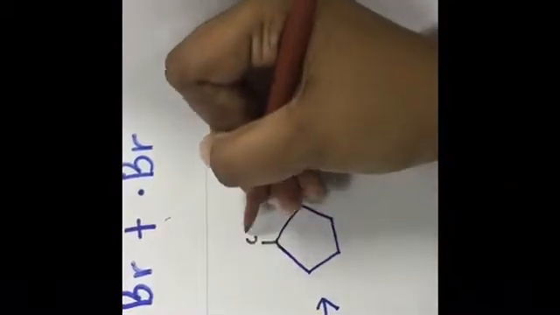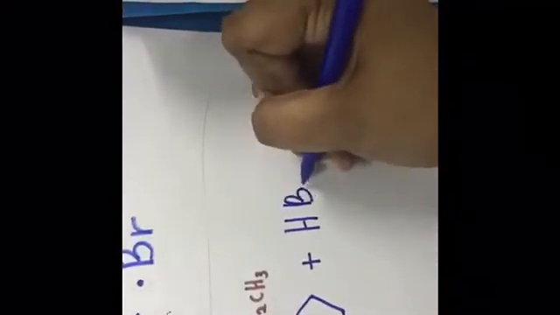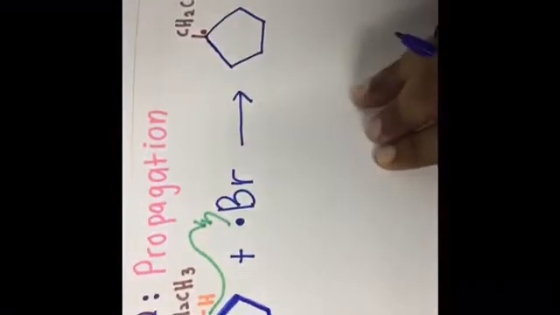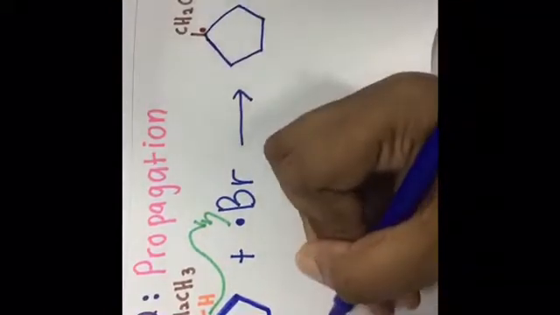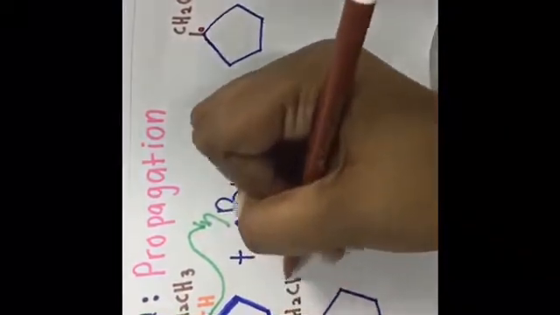For the second step, propagation, we have two steps. That is the first step. So, for the second step, we must take the compound that has the dot and add Br2.